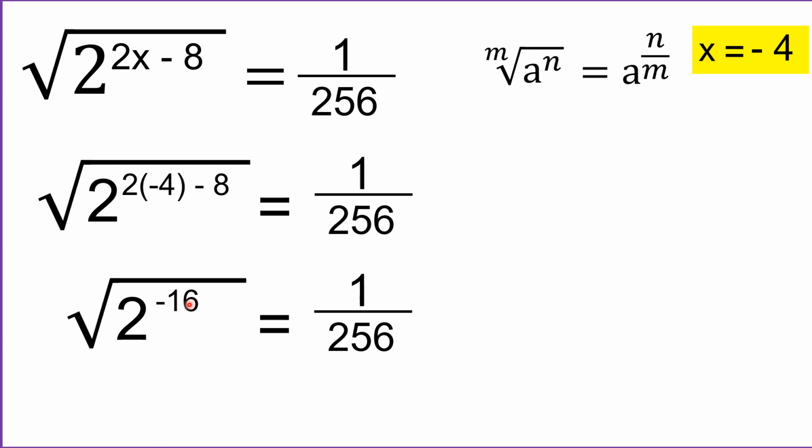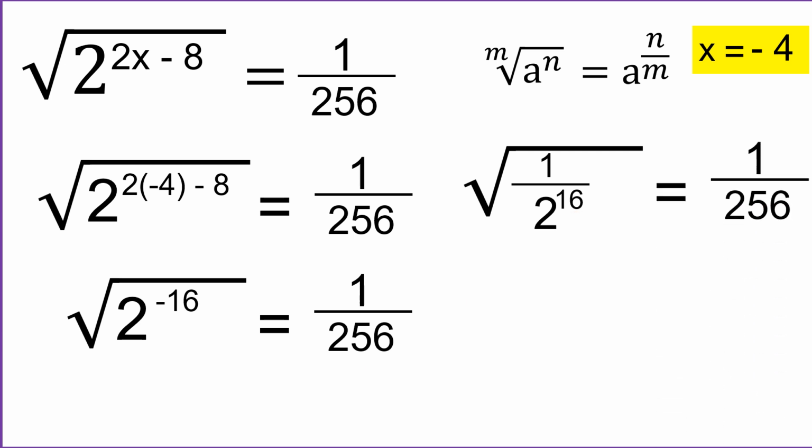Since our exponent is negative, we are going to write it in positive form by making it a fraction. It will become 1 over 2 raised to 16, so the negative exponent becomes a positive exponent, equal to 1 over 256. The rule for the square root of a fraction is that we can separate the square root.